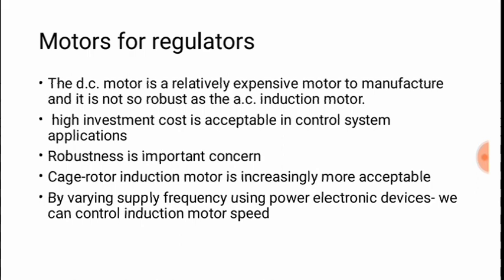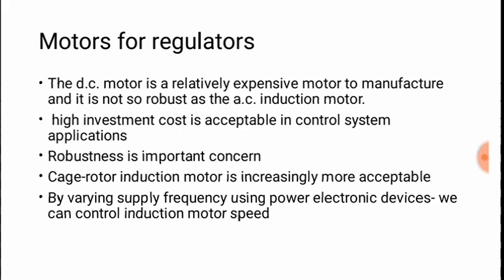But when we compare the construction of an induction motor, it mainly consists of a stator and a rotor, a cage rotor. Its construction is very simple and its number of parts is also very few when compared to a DC motor. So induction motors are less expensive and also more robust. Robust means that it can be used in a contaminated environment.